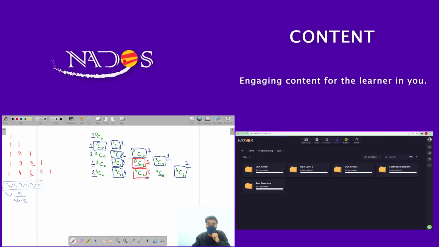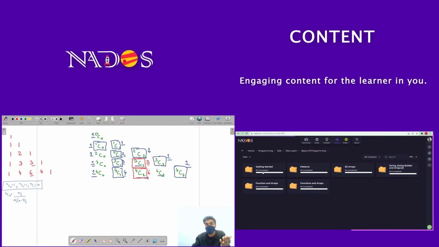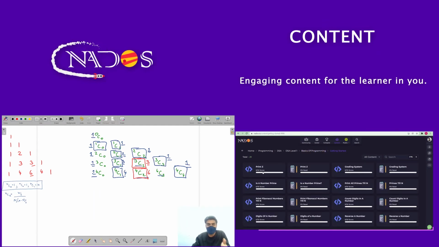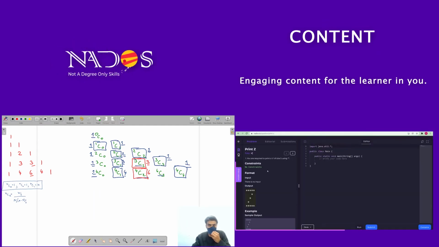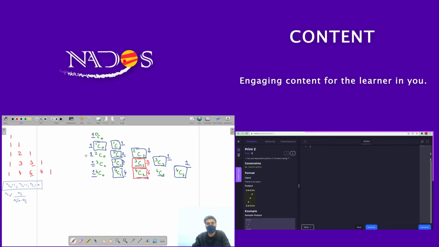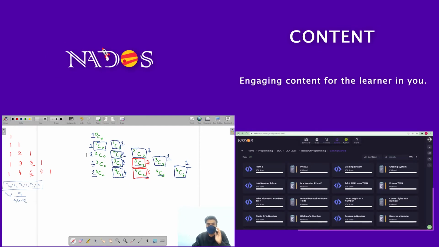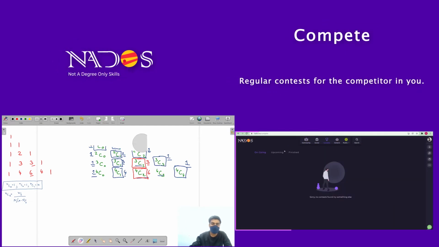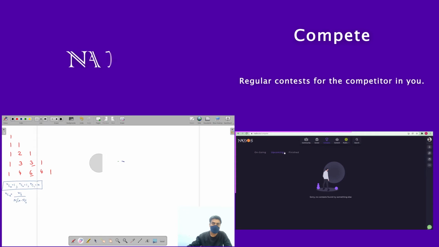We do not have that much time to calculate every element by n factorial upon r factorial into n minus r factorial, because it is a hectic process. If in this pattern we have only 5 rows, fine, but if we are given 1,000 rows, how will we solve it? So for that we have to take an optimized approach.